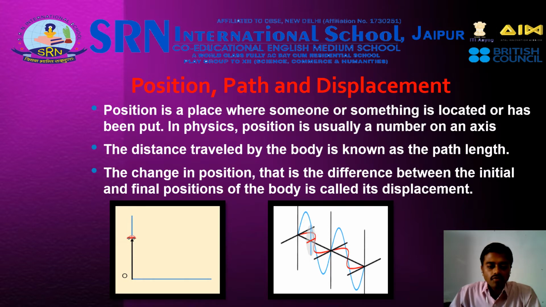But when we talk about the shortest or minimum path covered by the body, the body moves from one point to another in a straight path. That will be the minimum distance covered, which is known as the displacement. And if the body covers the waves and reaches the final destination, this will be the total path covered by the body. So here comes the explanation of position, path and displacement.